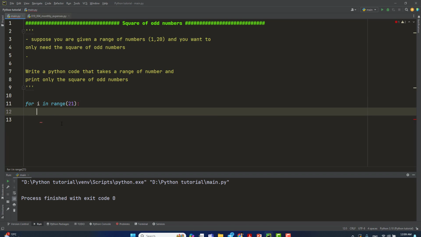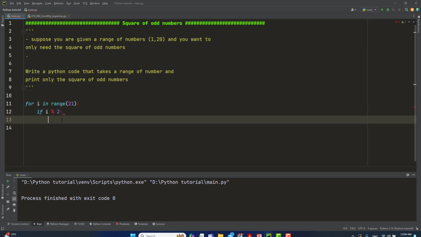Now look at this. If the number, which is the integer that we will iterate over inside the range, modulo what? Modulo 2. That means if the number can be divided by 2, which means that this number is even, I do not need this number. What we learned together to not care about it, or just override the execution here, is to use continue. So I will iterate over a range of numbers.